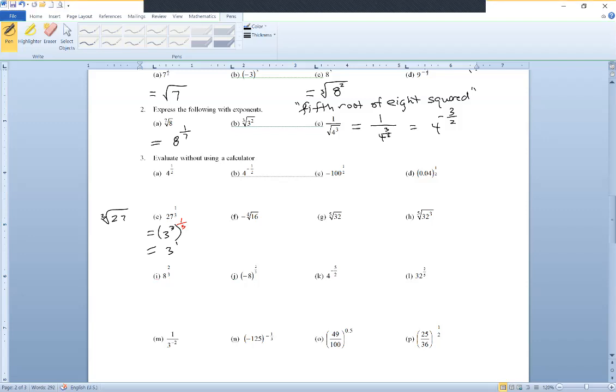Let's try question L. L is 32 to the 2/5. Again, the hint that I like showing my students, because some students don't know how to rewrite the base into an equivalent power, is that the denominator of the fractional exponent, in this case the 5, is kind of giving you a hint.